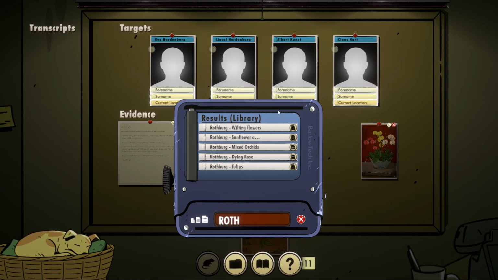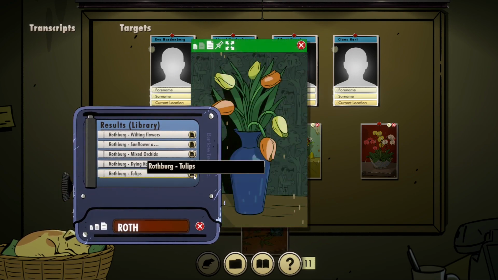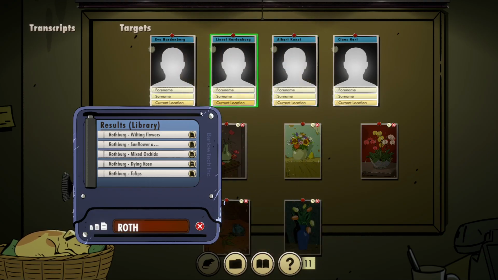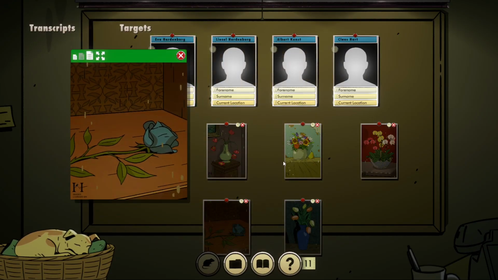Dying Rose. Dying Rose is what we need to pay attention to. That went down on Dying Rose. Okay. They all have those streak thingies on it.